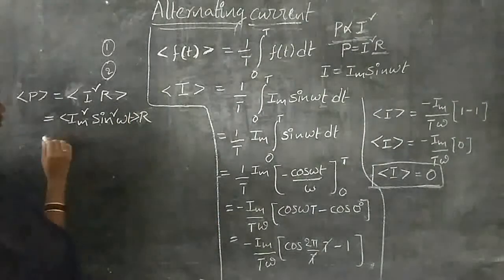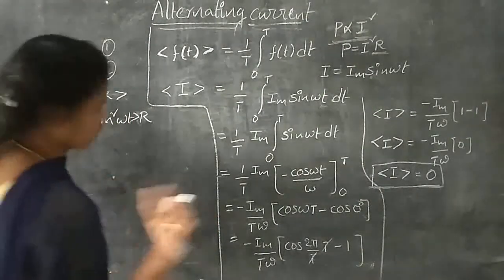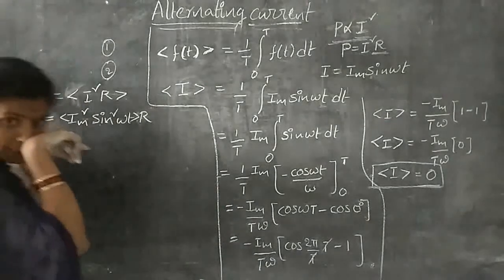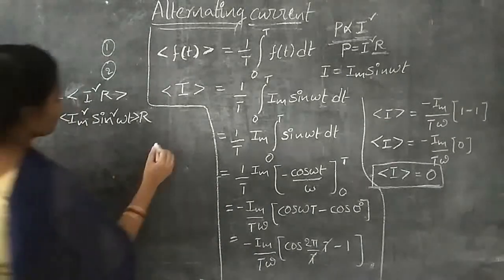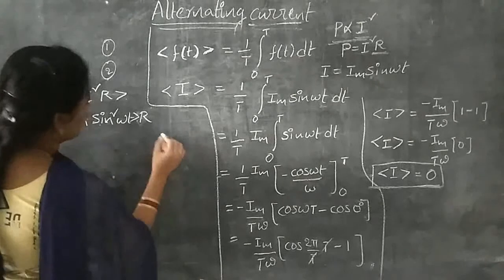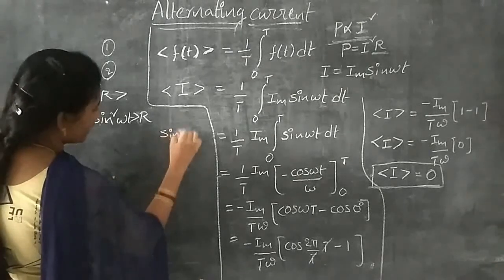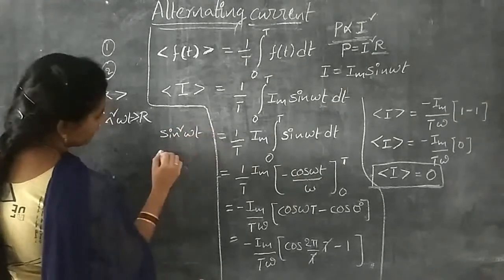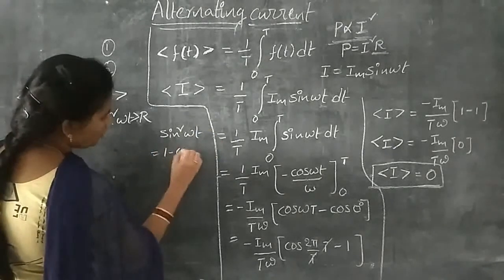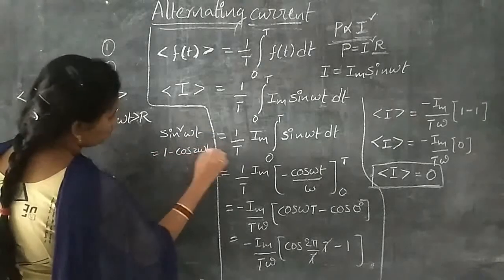First we have to calculate for one complete oscillation, so within the limits 0 to T. Sin square omega t can be written as (1 minus cos 2 omega t) by 2.